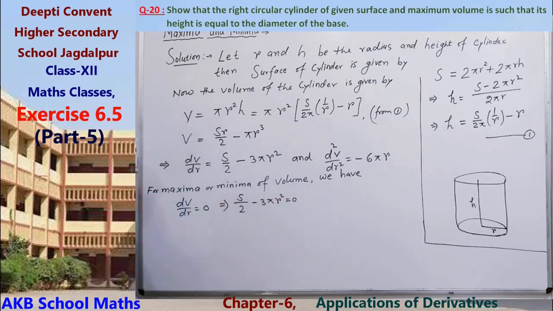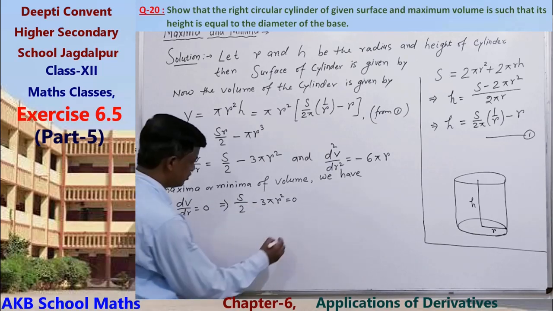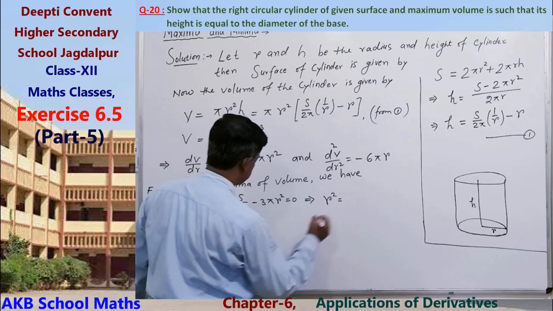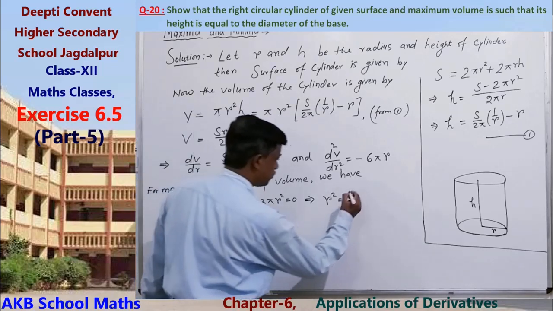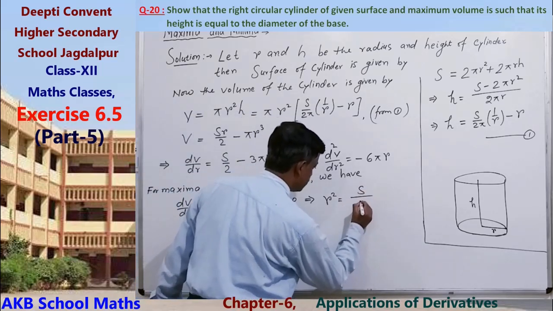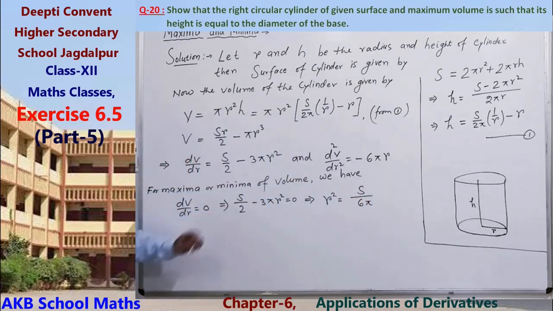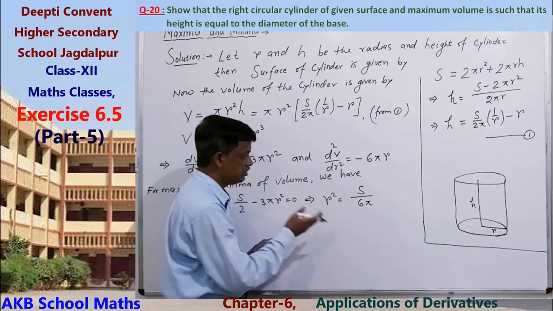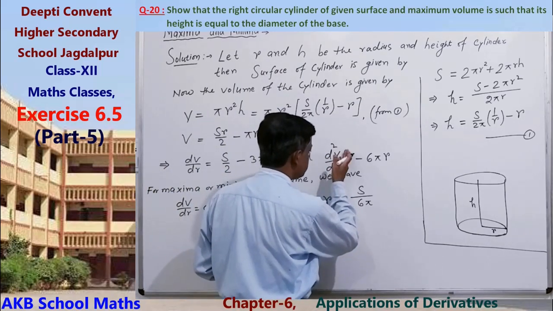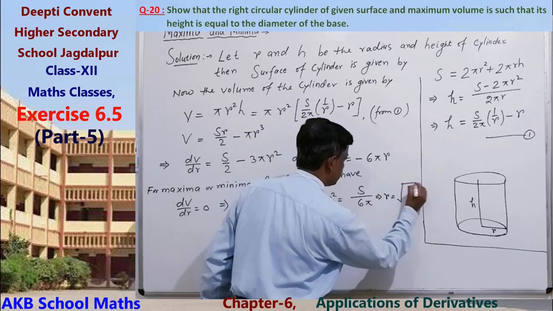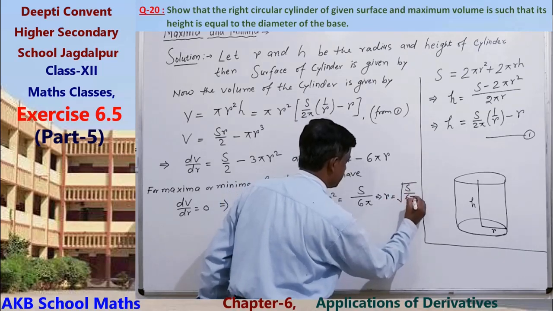From here r square equals S upon 6 pi. Okay, this is r square. Now for this r we will check the sign of the second derivative. From here we can also write r equals root of S upon 6 pi.